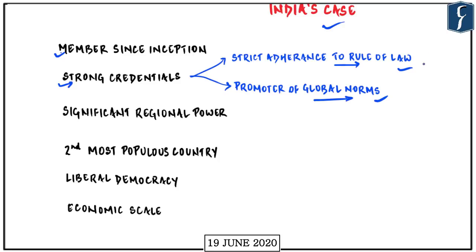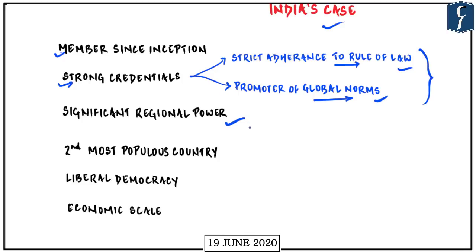For example, the US withdrawal from the Paris climate deal, China's stubborn behavior in the South China Sea, all these. But having these traits helps because it will be easy for India to get support from various countries.